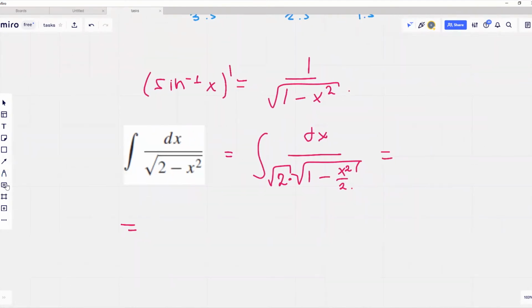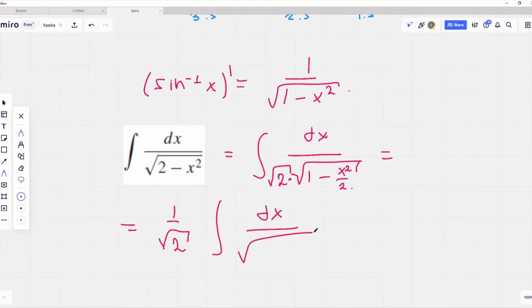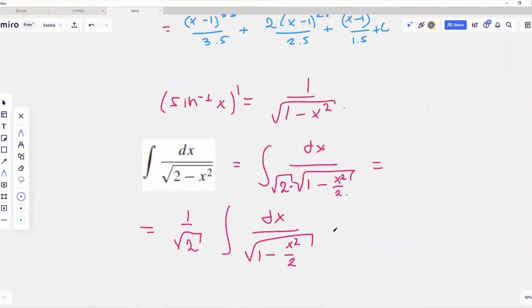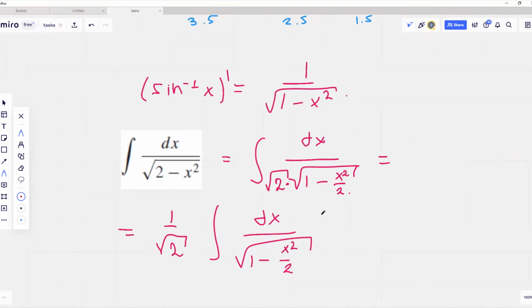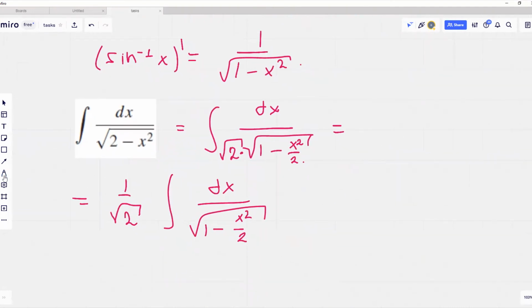Okay, now to make it more clear, let's bring this constant out of the integral sign. We'll have dx over the square root of 1 minus x squared over 2. Now it resembles the derivative of arcsine even more. However, here we have x squared, and in this case we have x squared over 2.